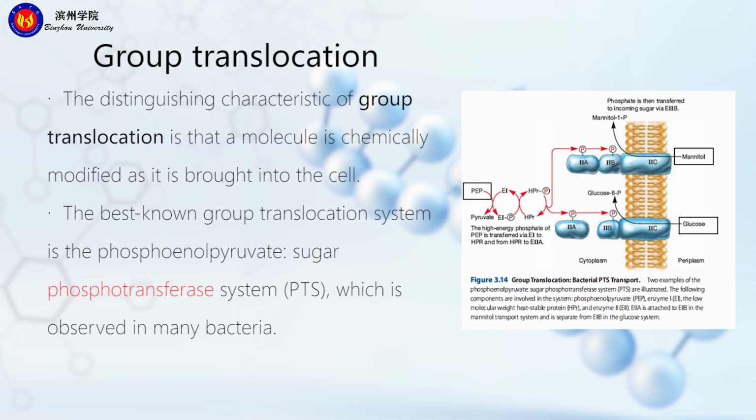A phosphate is transferred from PEP to enzyme 2 with the aid of enzyme 1 and HPr. Enzyme 2 then phosphorylates the sugar molecules as they are carried across the membrane.